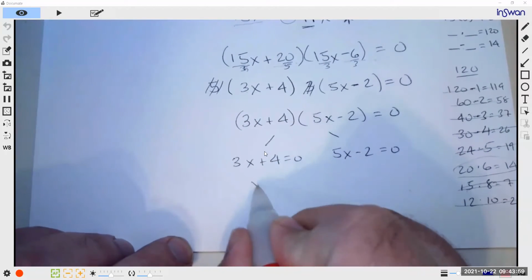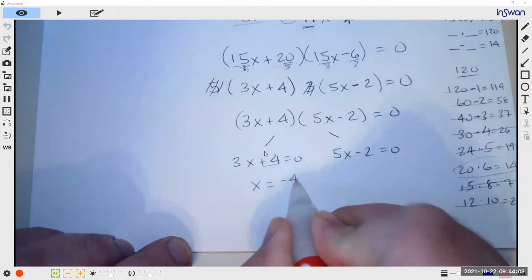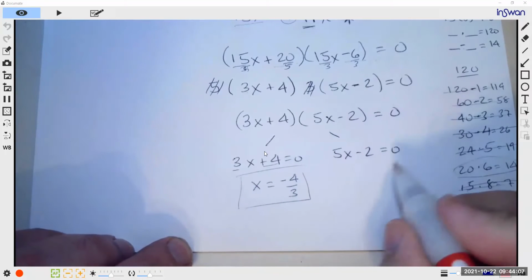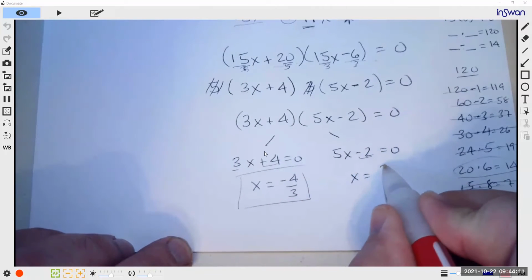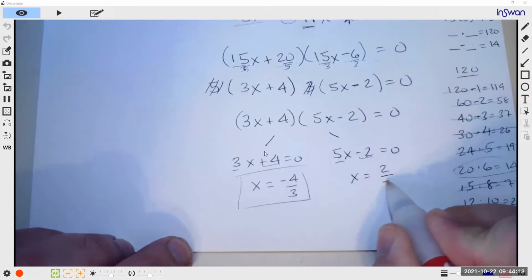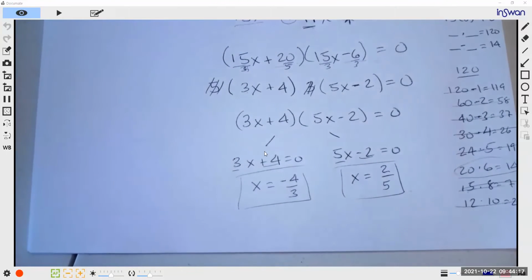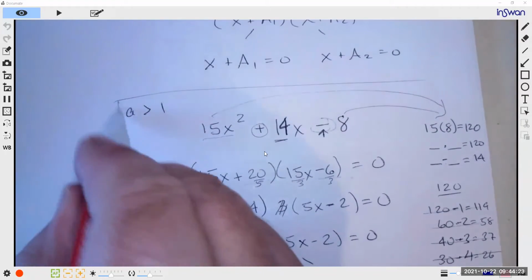So x is equal to the opposite sign of that one, divided by that. So there, that's the factoring method with a greater than 1.